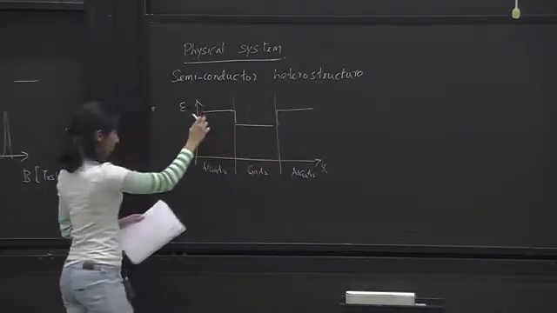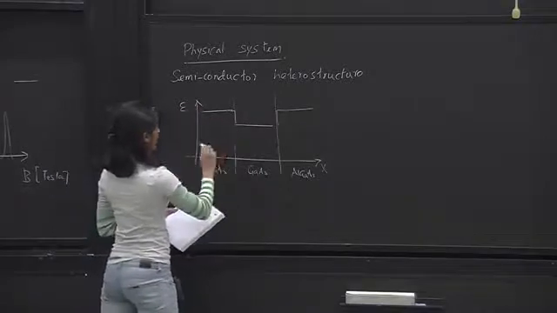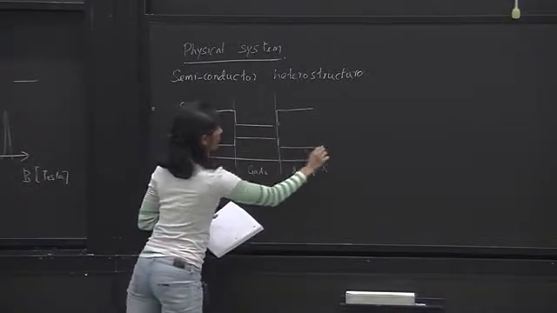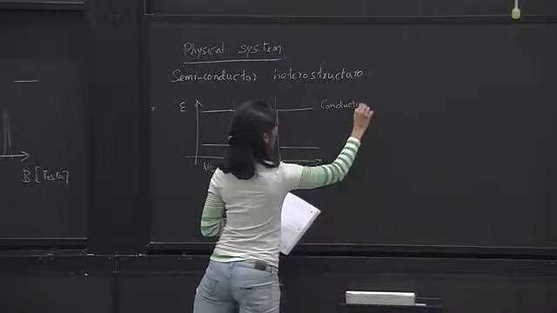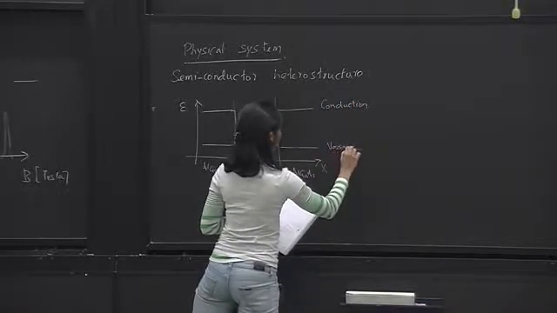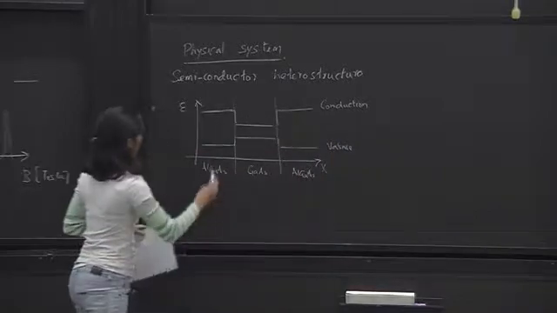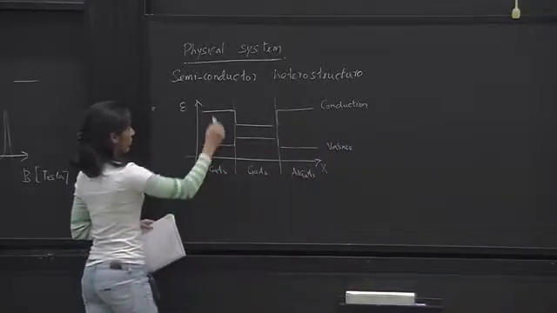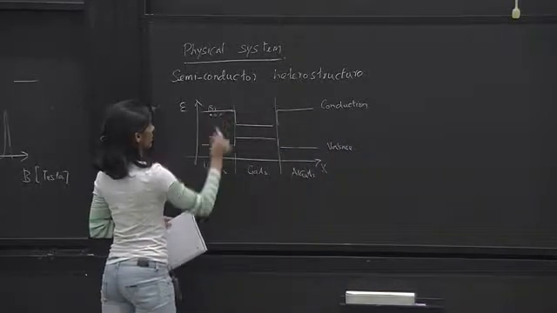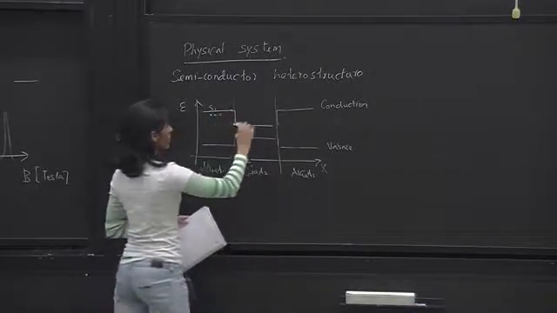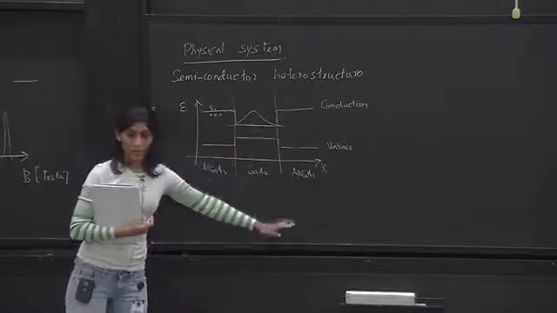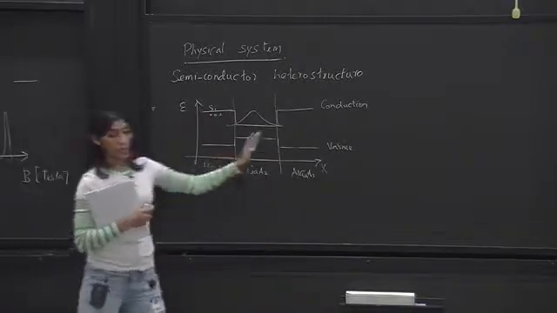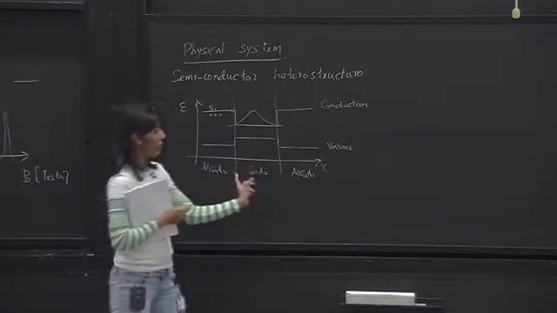The conduction band looks like this. Valence band looks something like this. This is just a cartoon. We dope this aluminum gallium arsenide with silicon donors, which give extra electrons, and they all go and sit in here.